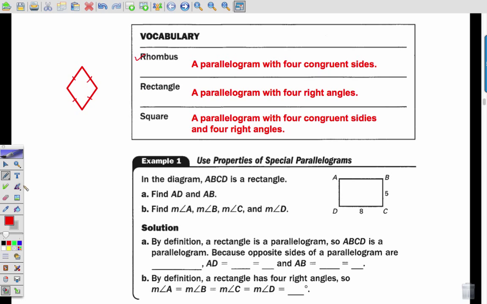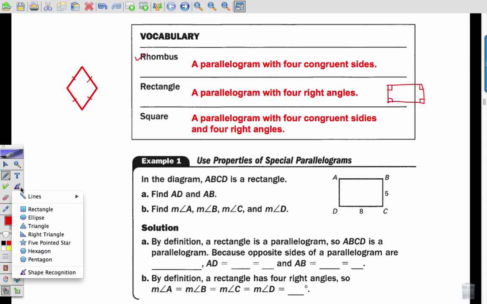A rectangle is a lot easier to understand. Any parallelogram with four right angles is a rectangle, right?